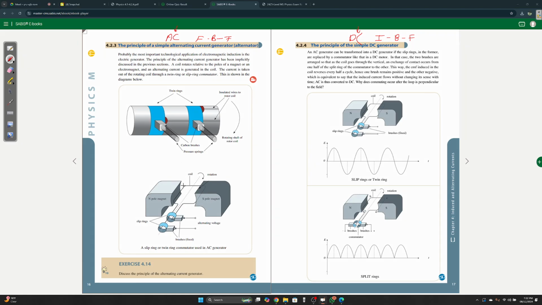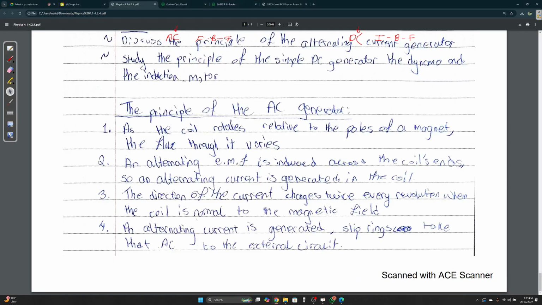When it's normal, meaning, for example, when it's like this. Okay, wait. I'm gonna try and... you get me? So it's going perpendicular to it. Okay, when it's normal, that's when the direction changes. Here in AC, the direction of the current changes twice every revolution when the coil is normal to the magnetic field, and alternating current is generated.